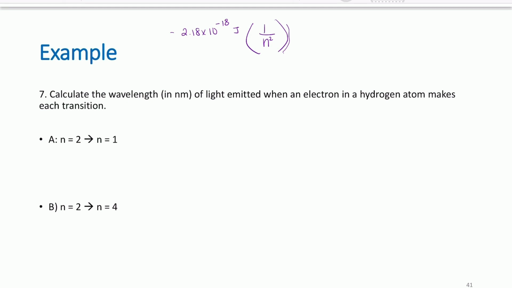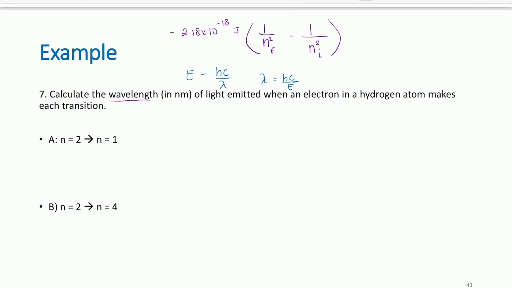I'm going to do this as this equation, 1 over n final squared minus 1 over n initial squared. I want wavelength in nanometers of light. If I'm transitioning between two levels, I'm only calculating energy. So I'm also going to have to use E equals hc over lambda, rearranged, to calculate my wavelength.